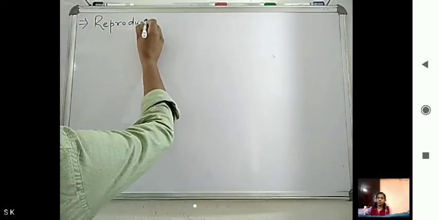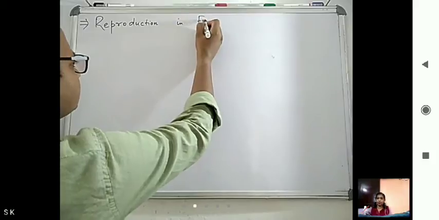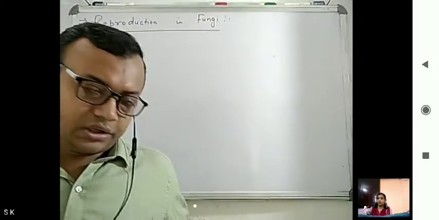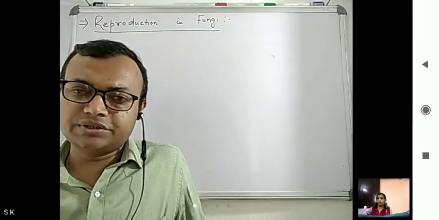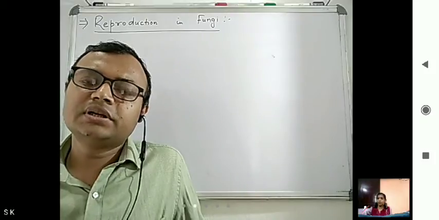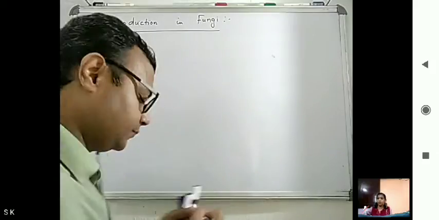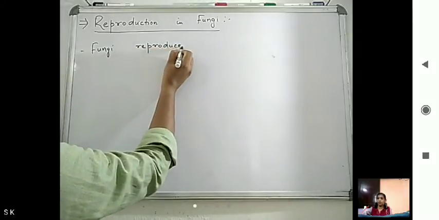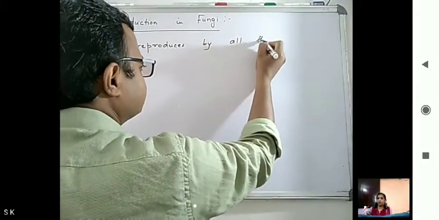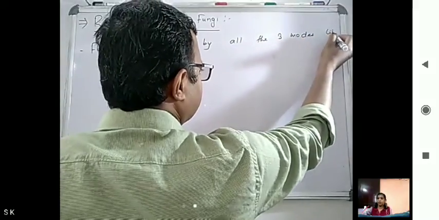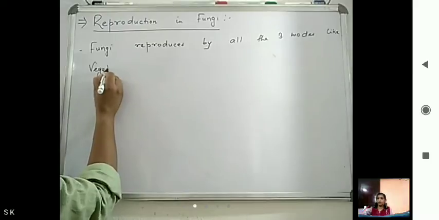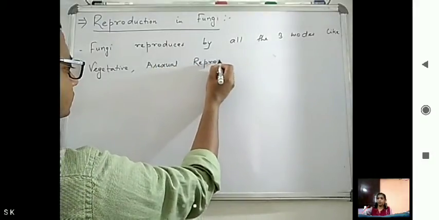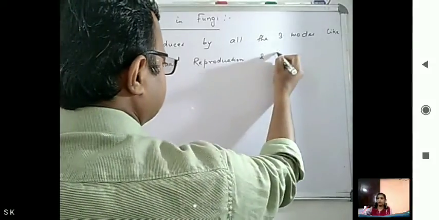Reproduction in fungi. Now, fungi reproduce by all means: vegetative reproduction, asexual reproduction, and sexual reproduction.